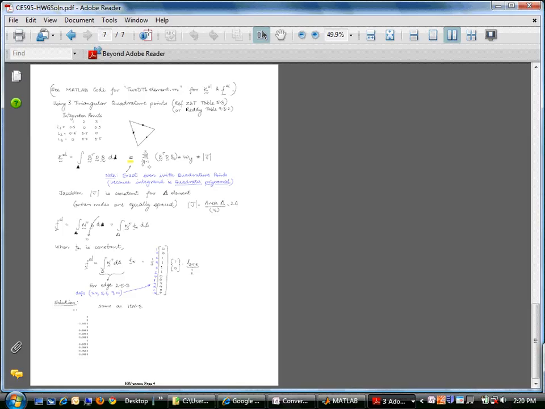So this is something very similar to what we did in Q4. But instead of the approximation, this is an exact integral. And it is an exact integral because we know that the integrand in this case is a quadratic polynomial. So why is this integrand a quadratic polynomial?